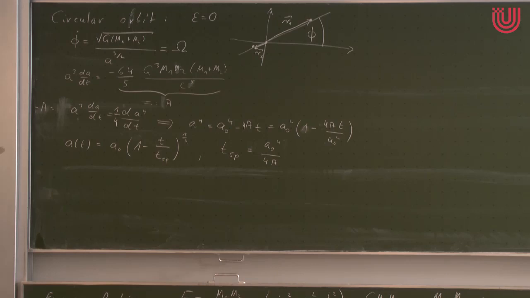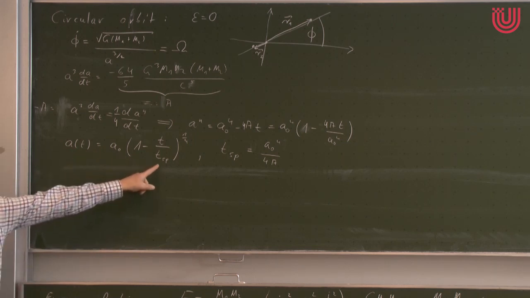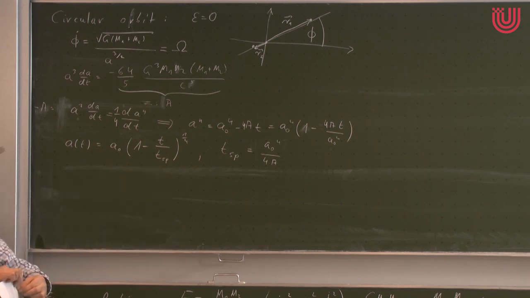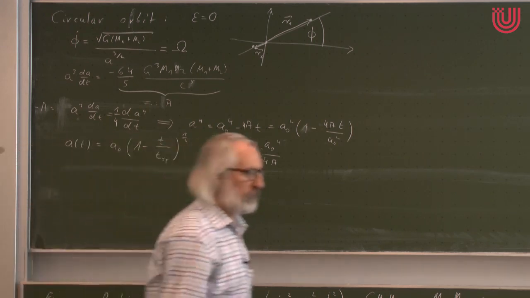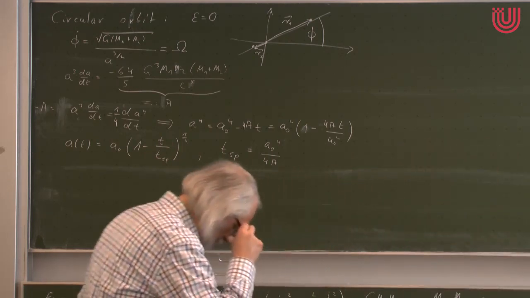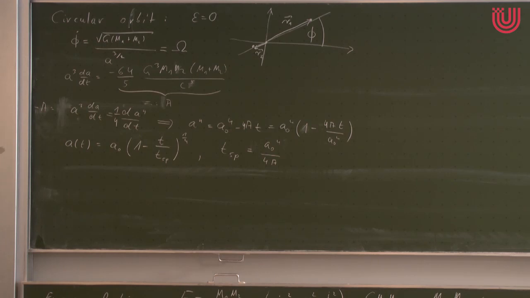This in-spiral time, t_SP, is just a naught to the 4 divided by 4α. So you see, in this model, what we are entertaining here, which is in a sense, of course, over-idealized, a of t becomes 0 at a finite time, t_SP. At this time, the two things have come together at the end of a spiral motion. That's, of course, an artifact of our approximation, that we assume that we have point particles which move according to Newtonian mechanics.